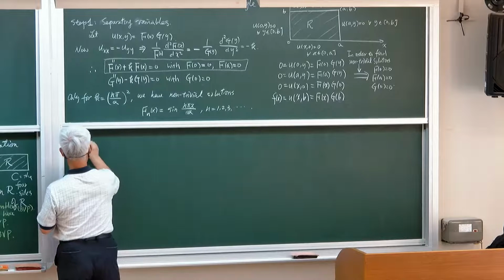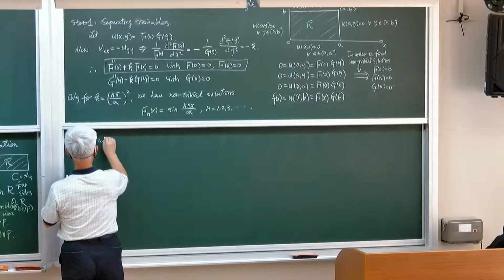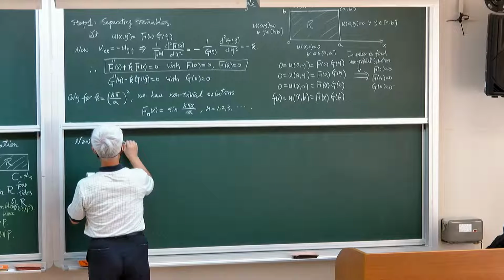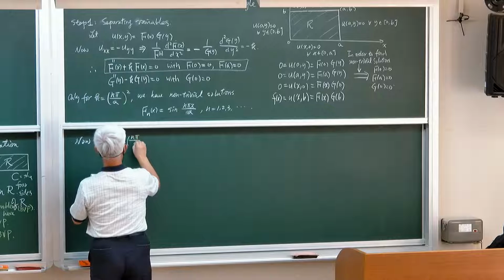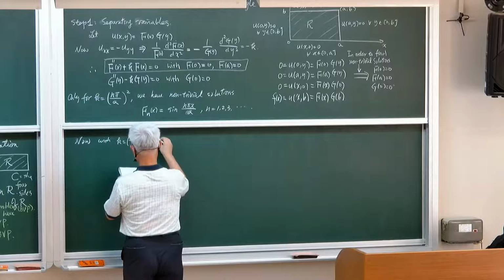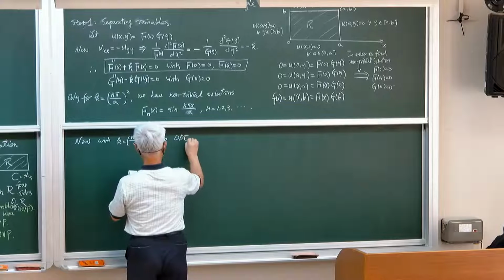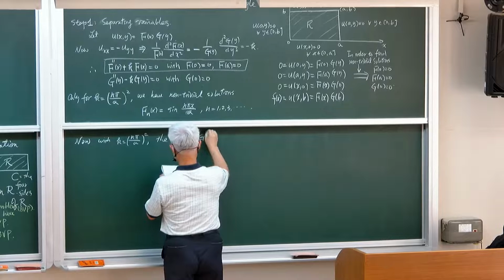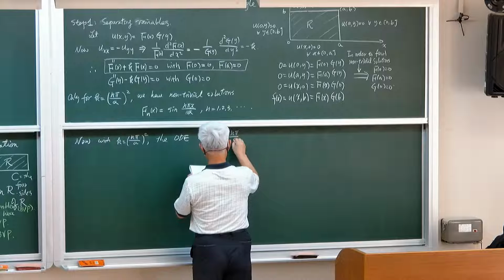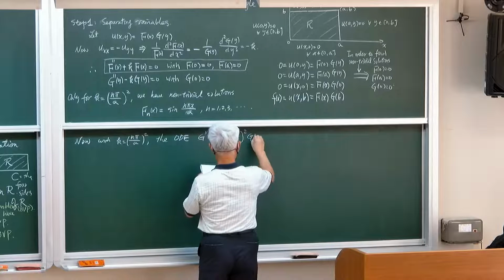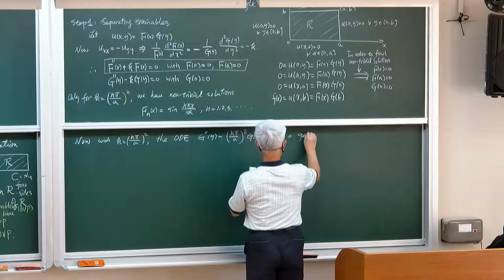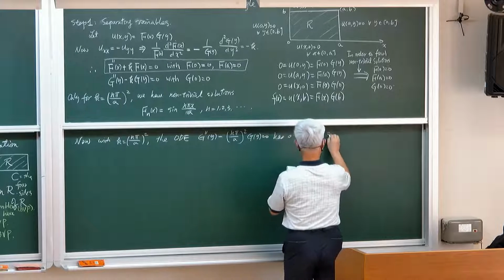Now, with k equal to m pi over a, squared, the ODE has a general solution.